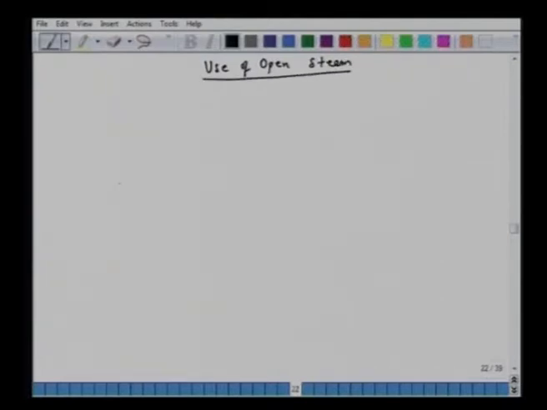So what we have here is a distillation column. We have stages here. Feed is sent somewhere here, with flow rate F and composition XF. We have the top product withdrawn. Then we have this condenser.